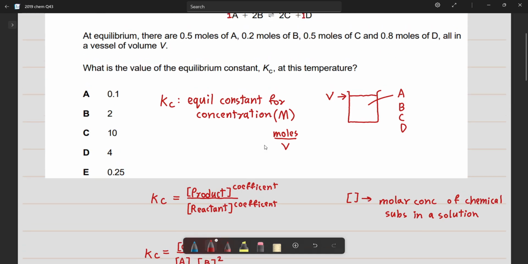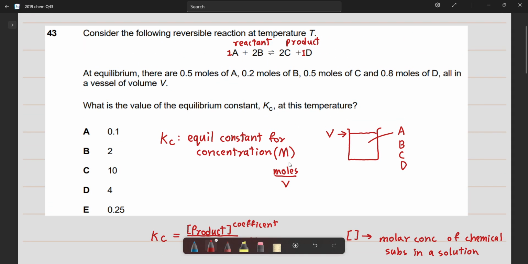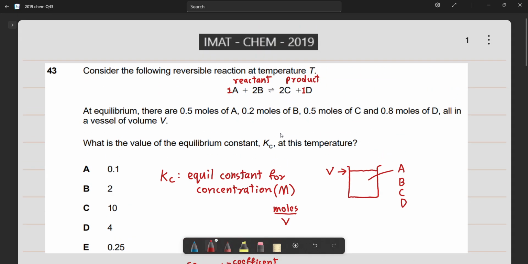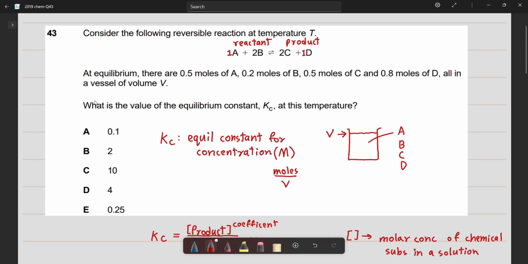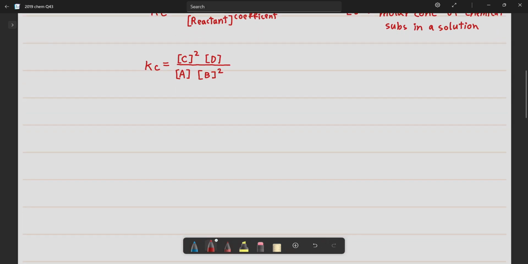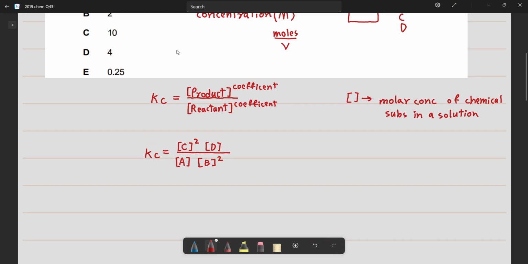And now, since this Kc is for concentration, we're going to use molarity, where concentration is moles of a solute divided by the volume. So these are solutes, and the volume mentioned over here is V. The volume is not specified, so we can just write it as V in the expression.